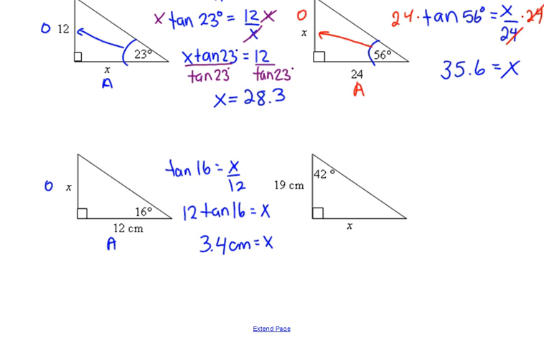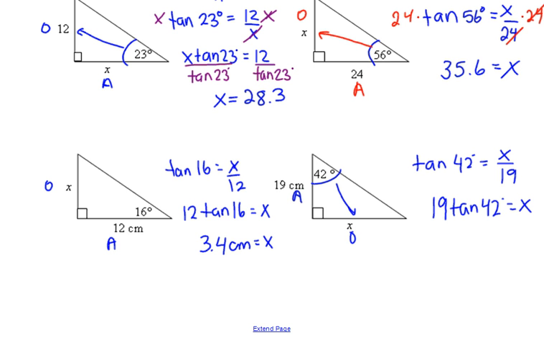If my angle here is 42, x would be opposite, and 19 is adjacent. So tan 42 equals x over 19. Multiply both sides by 19 to get x by itself. And we get, what, 5.3? Agreed?